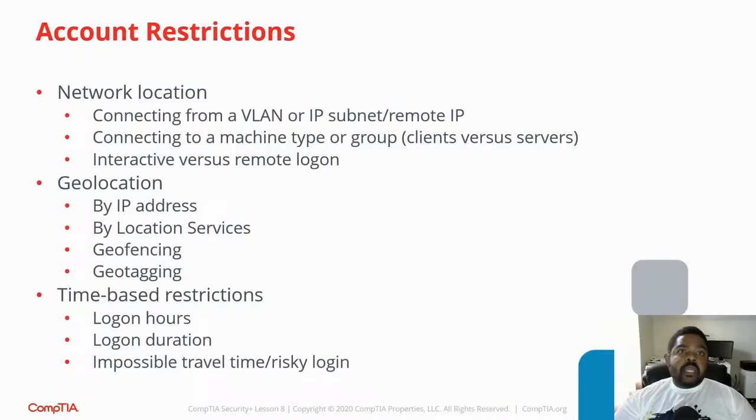Now, along with those account attributes, you can have account restrictions, such as geo mapping or some type of network location to where you're having access to your network or not. The first thing that pops up in my mind is a VPN. If someone is able to log in with their VPN, then they can have access.